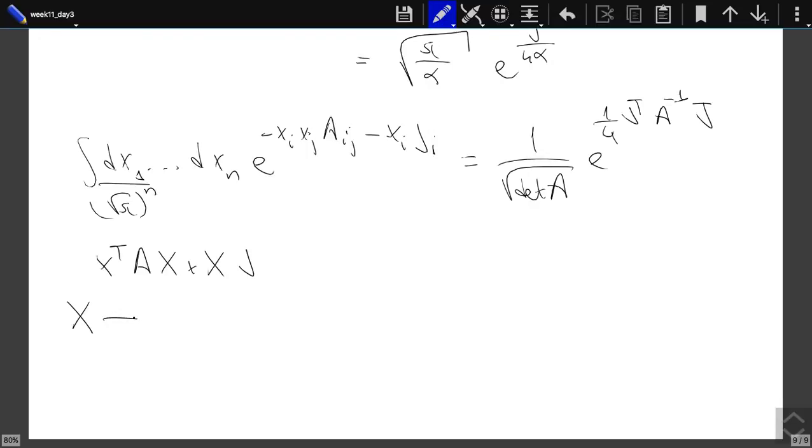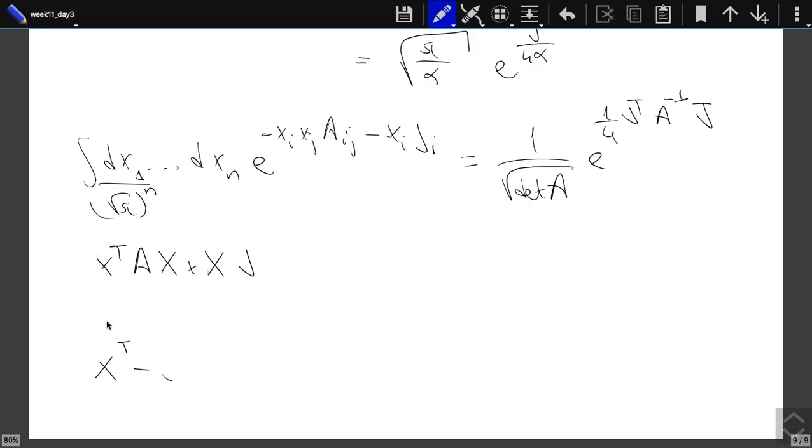Replace x by x minus A inverse J. So if you just put it over there, x transpose minus... hold on, let's just do it this way.